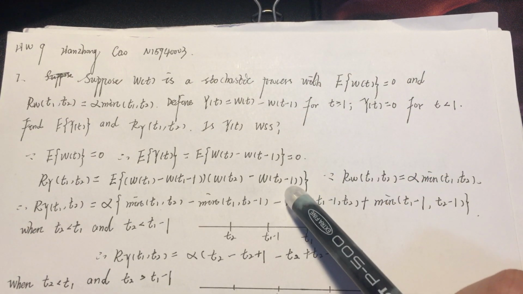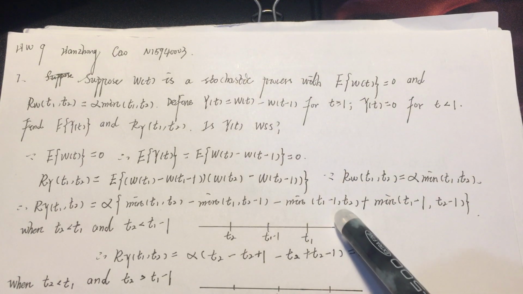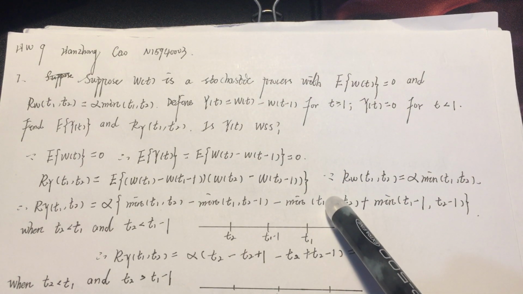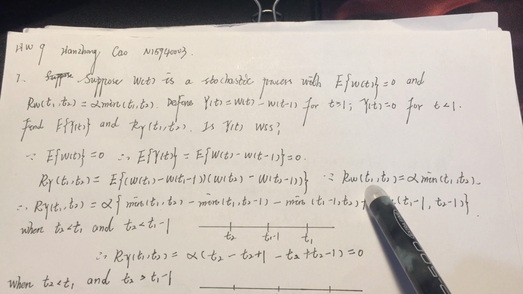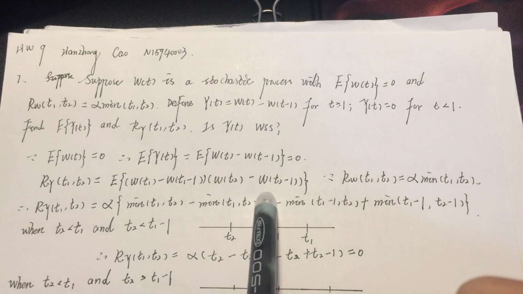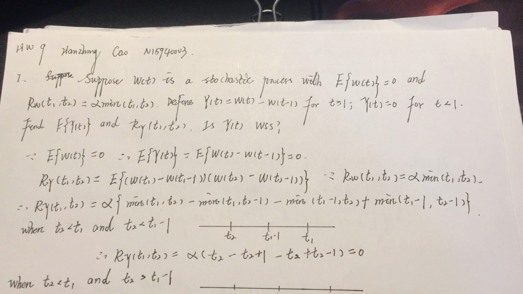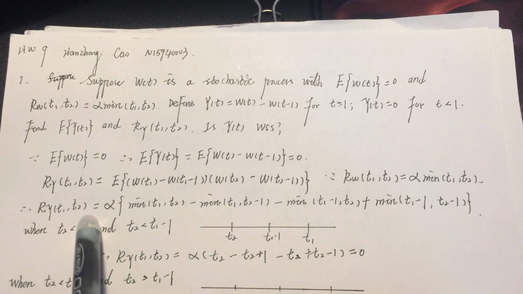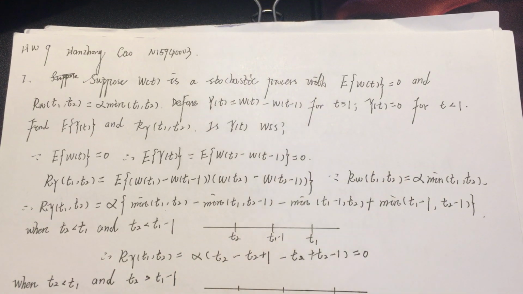So the above equation can be expanded into 4 different parts. Then we replace each W with the R function, and we can get that R_Y(t1, t2) equals alpha multiplied by 4 different parts.